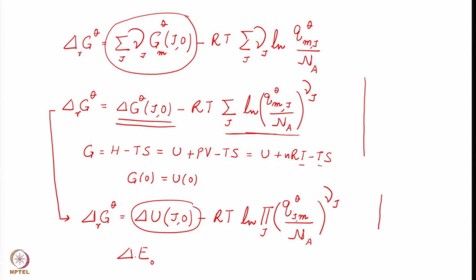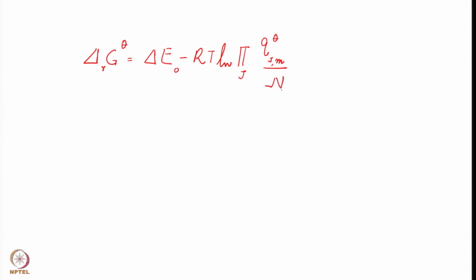So the new expression that we get now is delta R G naught is equal to delta E naught minus RT log pi J, QJM naught by NA raised to the power stoichiometric number.